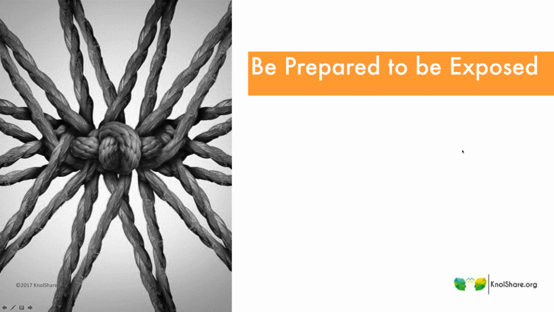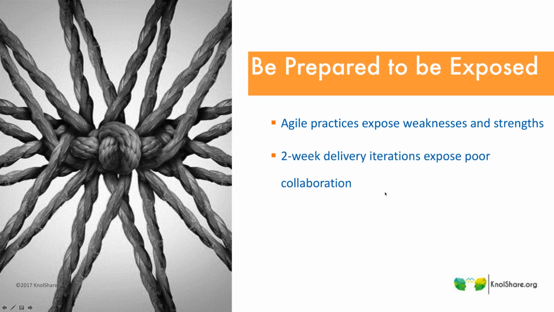So what people discover is that Agile practices really expose some of the weaknesses and the strengths of the organization, and that's a good thing because it gives us an opportunity, over a 2-week time, to really look at some of the strengths and weaknesses that we have in collaboration. This is something that is fixable and doable.